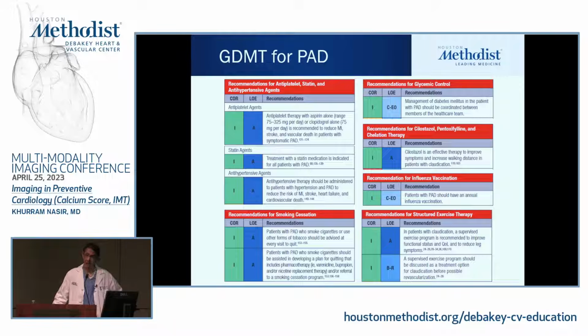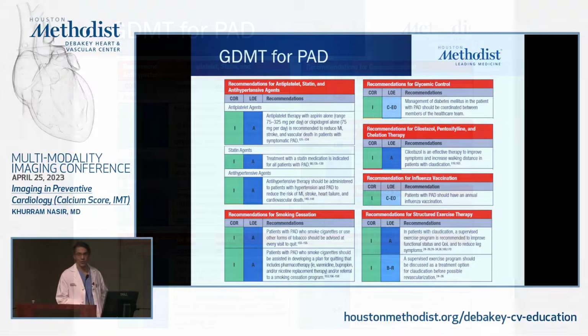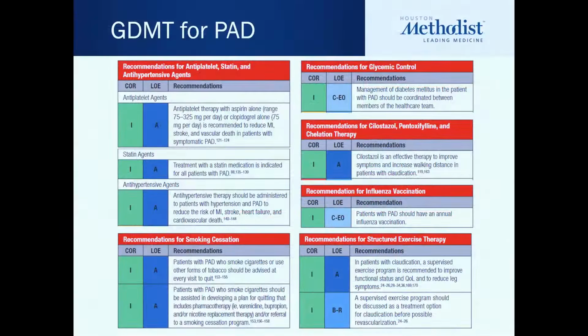And then very important in the PAD space as well is a structured exercise program. We know that patients who are claudicants and who are on regular exercise programs can actually increase the distance they walk before they develop symptoms. A lot of this may be due to ischemic preconditioning.